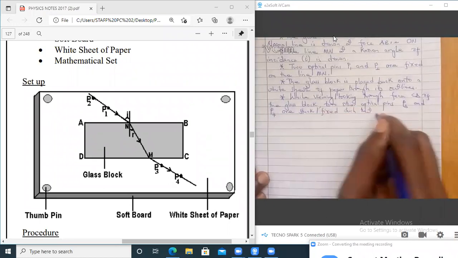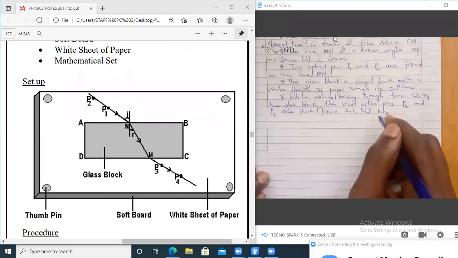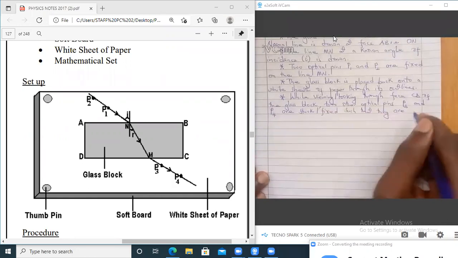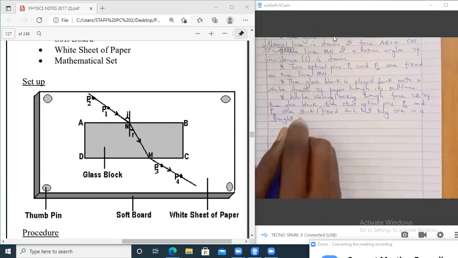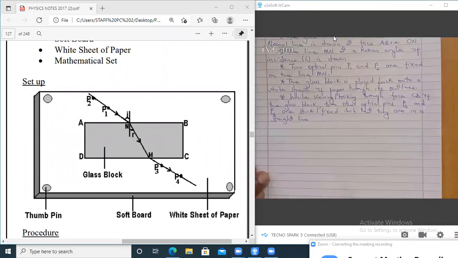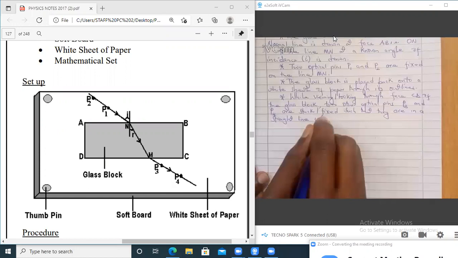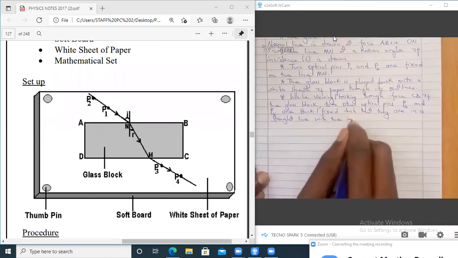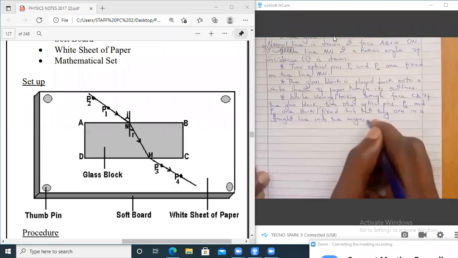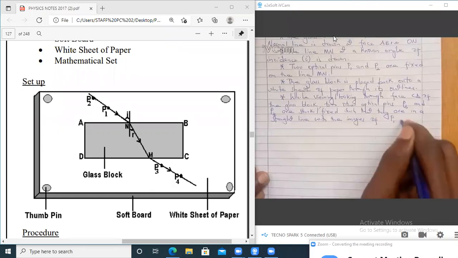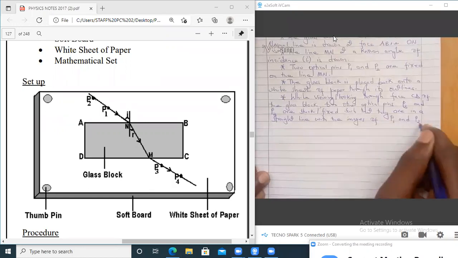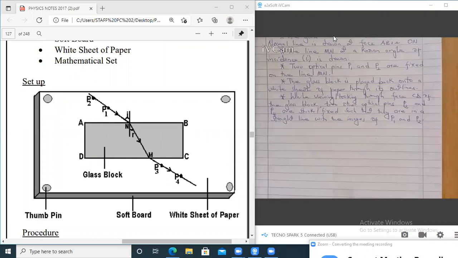they appear to be in a straight line with the images of P1 and P2.